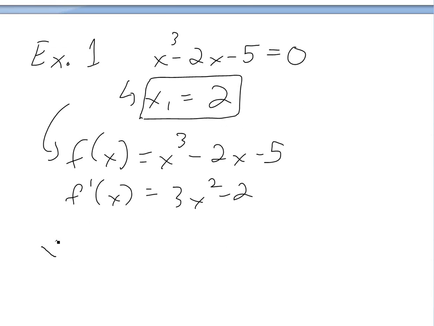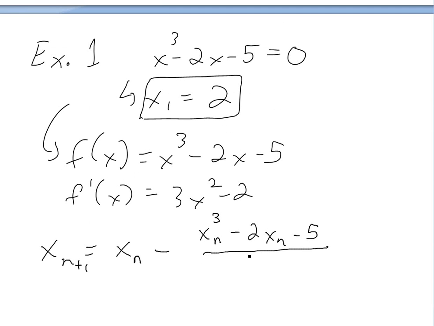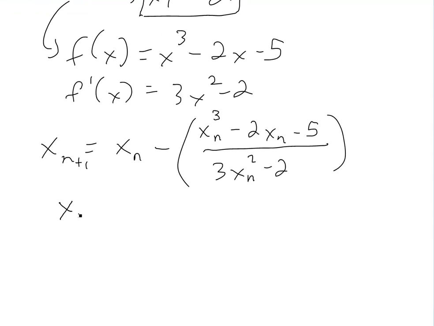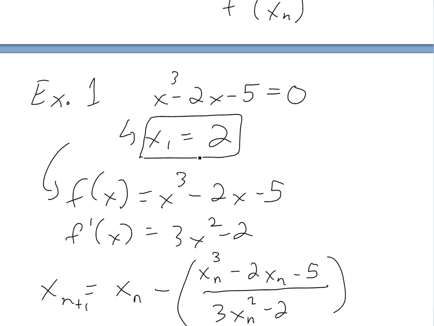Then we set up our equation: xn plus 1 is equal to xn minus f of x, where we put xn inside all of these, so we get xn cubed minus 2xn minus 5, divided by the derivative, which in brackets is 3xn squared minus 2. So you could plug in x1 equal to 2 here, and then get x2. What I'm going to do is use Excel here.